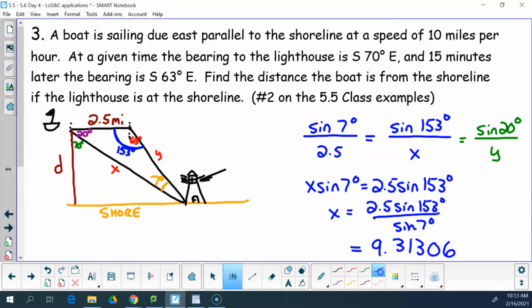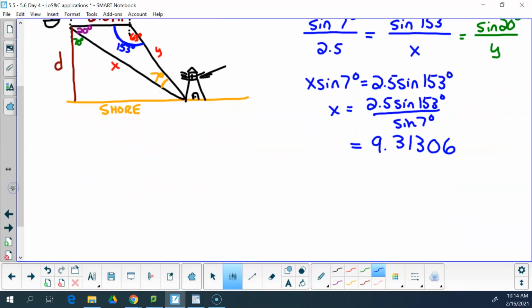With me? Then I said to myself, if we break out that triangle from the boat's first position, this is what we just found. We know that this is 70 degrees.